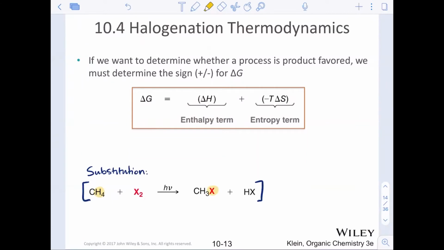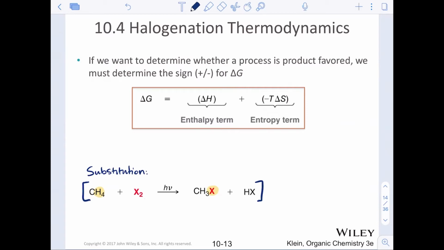This substitution reaction involves substituting a hydrogen for a halogen. So notice we have CH4 here, just a very simple organic molecule. We are taking that CH4 and making it CH3X. Now, typically for halogens, we've worked with Cl2 and Br2. We are going to be doing the exact same thing here, but we want to make sure that we understand the difference between chlorine diatomic and bromine diatomic.